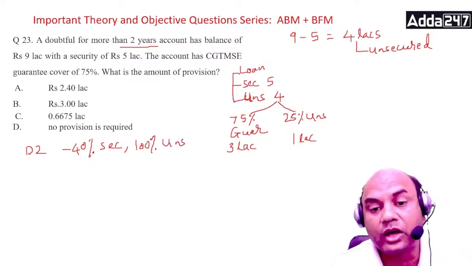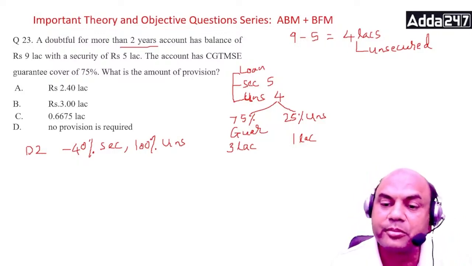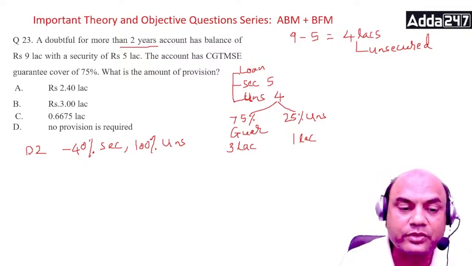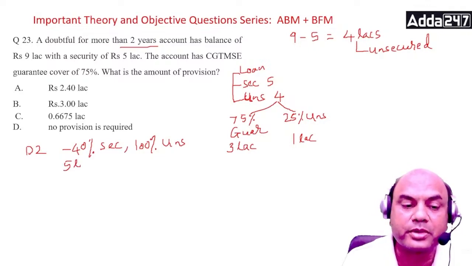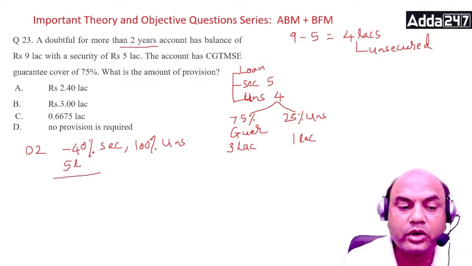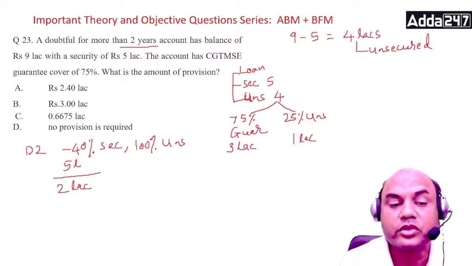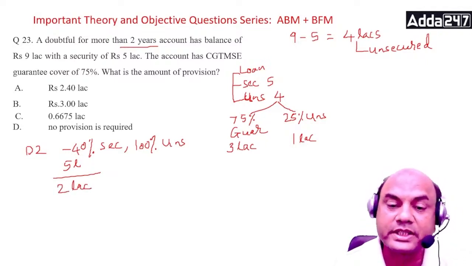Got it? So what is our case? 5 lakhs is for security, so the complete 5 lakhs will have 40%. 5 lakhs into 40%: the answer is 2 lakhs. So 2 lakhs is the provision for the secured part.